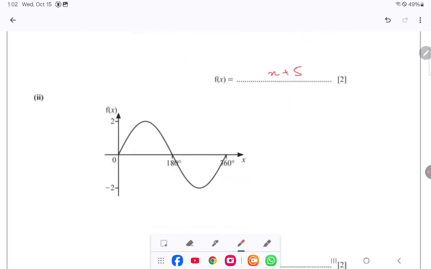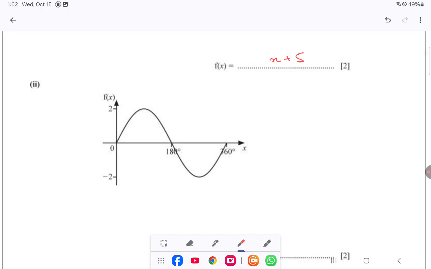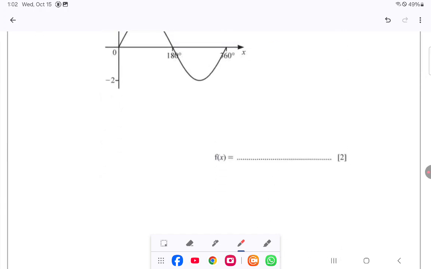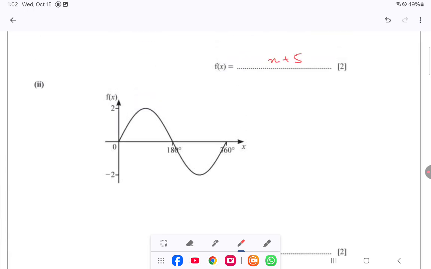Now in part 2, we are given a graph and we have to find the function. If you look, sine 0 gives the value 0, right here it is 0, sine 180 gives 0 right here, and sine 360 gives the value 0 right here.